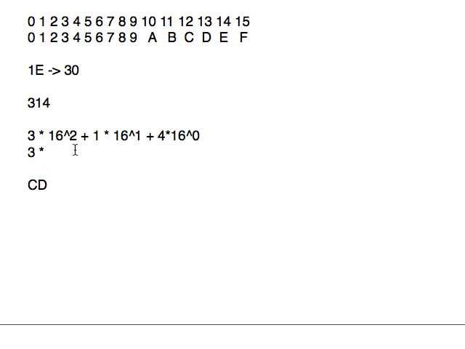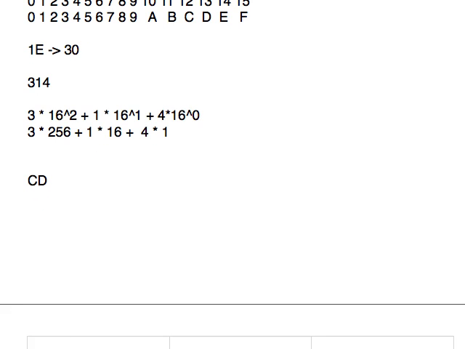Don't get that confused with 16 plus 16, like I do sometimes. Then 1 times 16 to the 1 is just 16, plus 4 times 16 to the 0, which is 4 times 1. So we simply have 3 times 256 plus 1 times 16 plus 4 times 1.